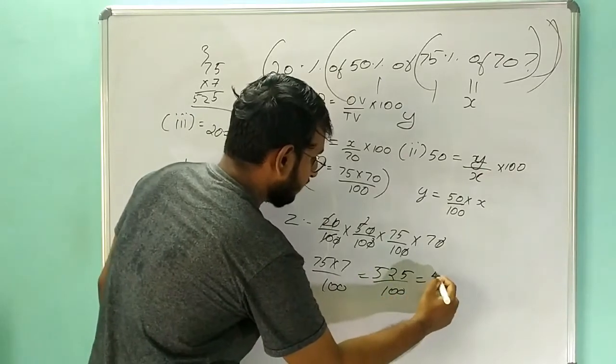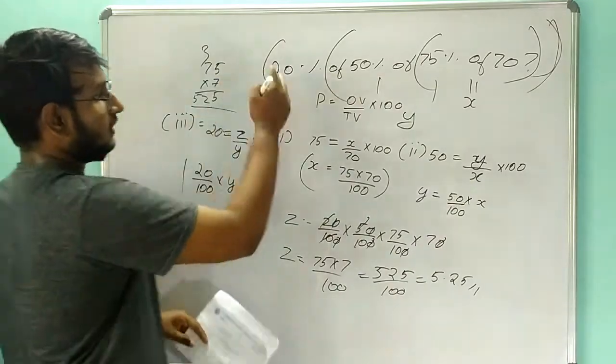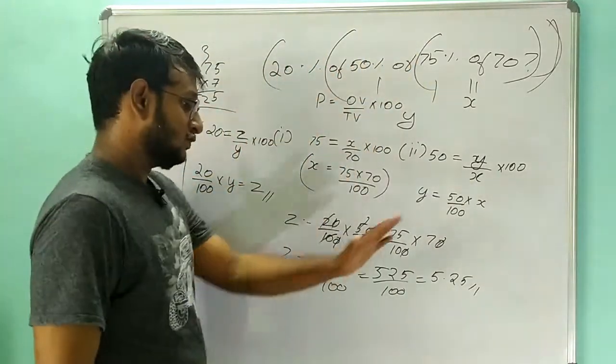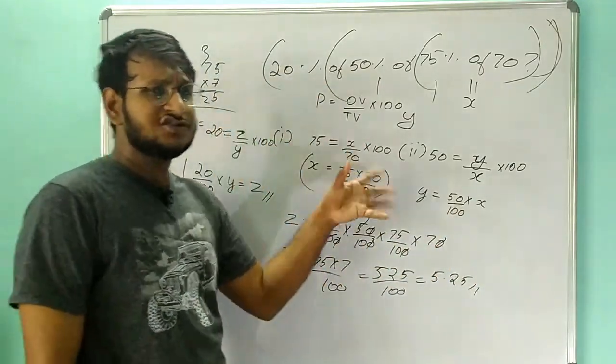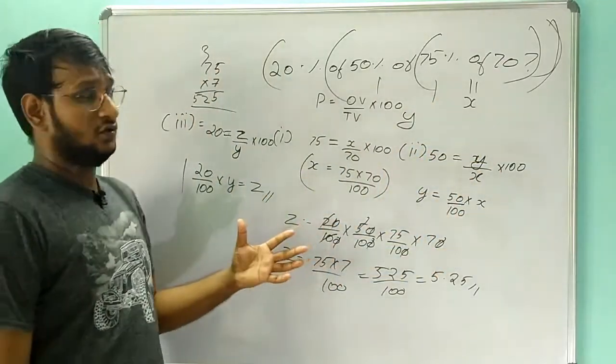So I will be having 5.25. So 5.25 is the value of 20 percentage of 50 percentage of 75 percentage of 70, okay? So this is kind of a tricky question, right? You can expect these types of questions in your aptitude test, okay?